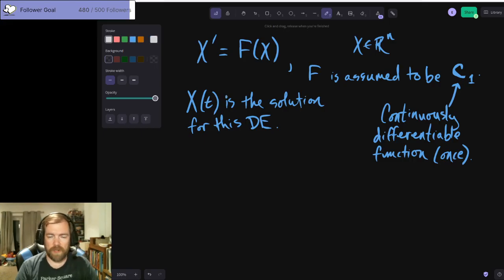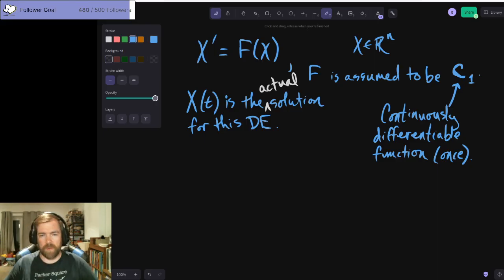So another word that I often use with this is just going to be our actual solution. Because in some cases we are looking at approximations, in other cases we're looking at the homogeneous solution. This is just the actual solution, so it contains all of the parts that it needs to, everything that we've discussed in previous sections.